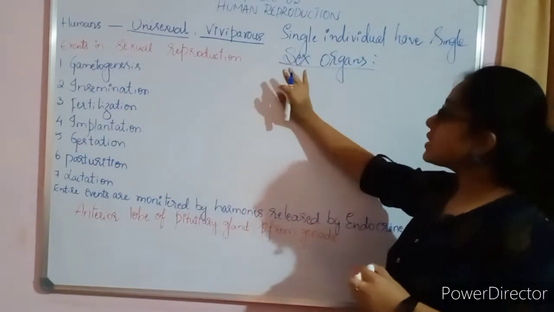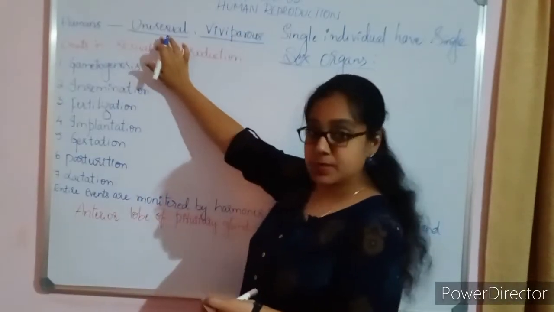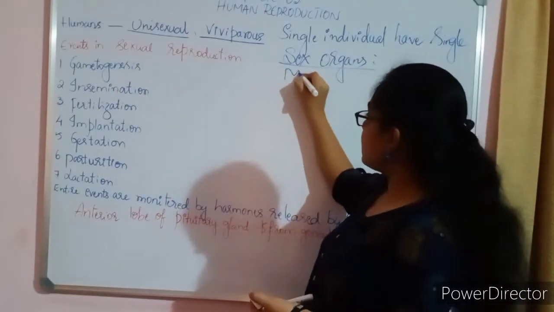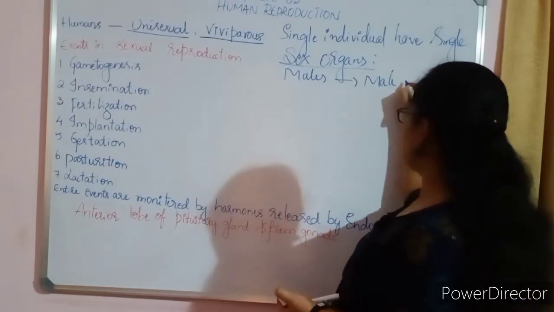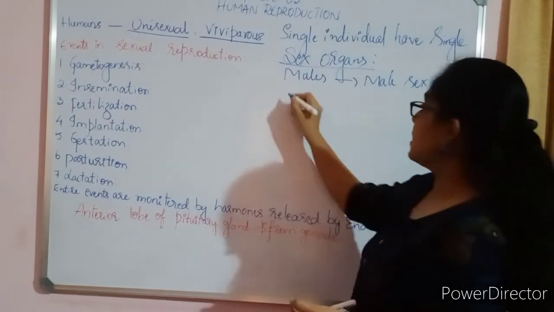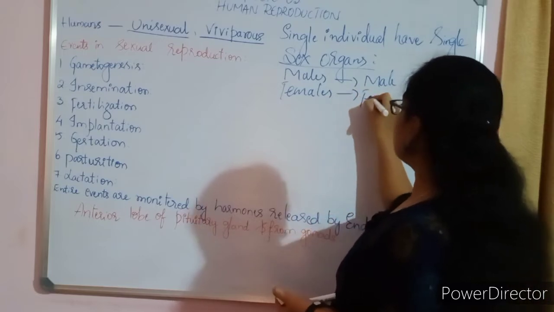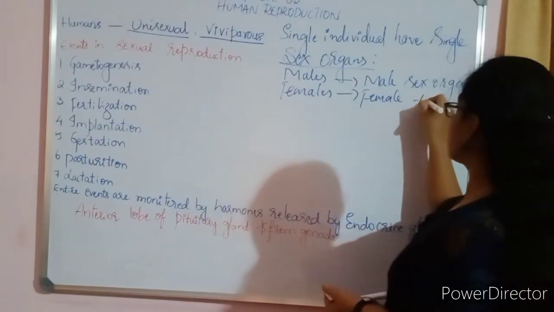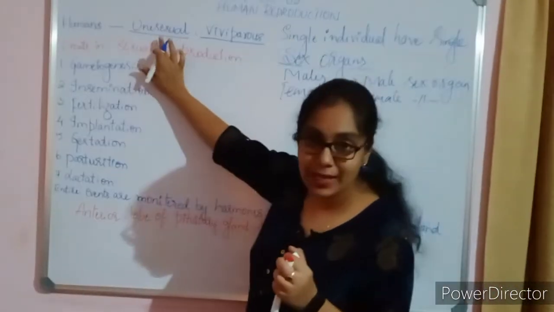Such type of organisms are called unisexual organisms. In case of male, male sex organ is present, and in case of female, female sex organ is present. That is called unisexuality.